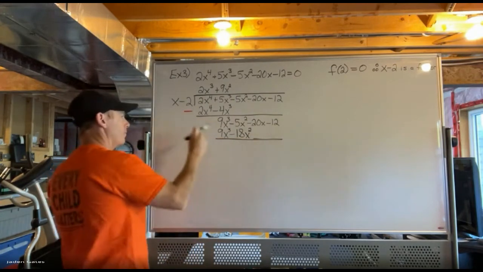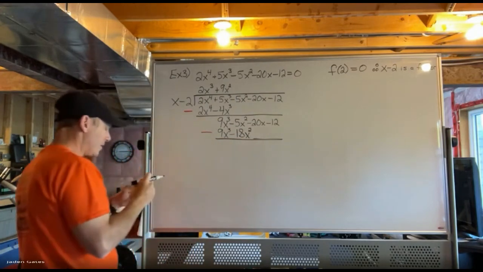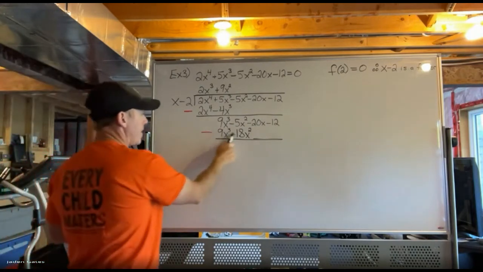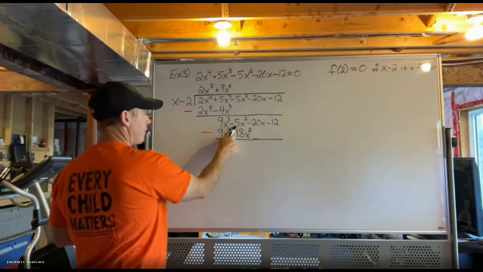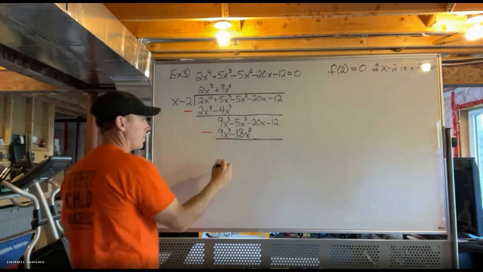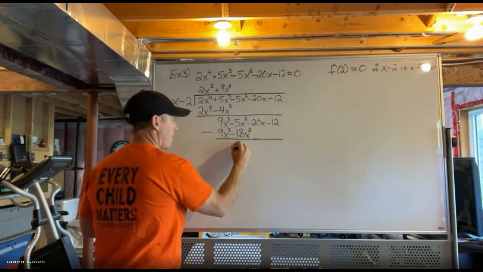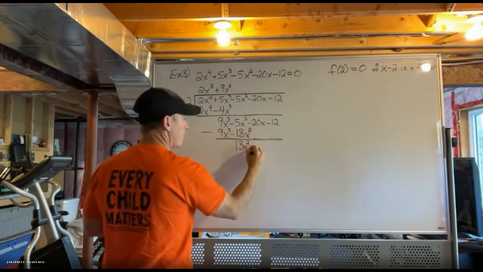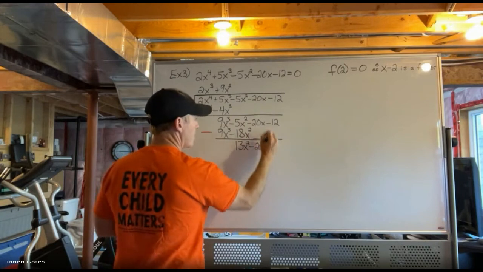Subtract again. Those 9x cubes are gone. Then I get this minus minus thing going on, so I got minus 5x squared plus 18x squared. That's a 13x squared. Bring down the minus 20x, and bring down the minus 12.